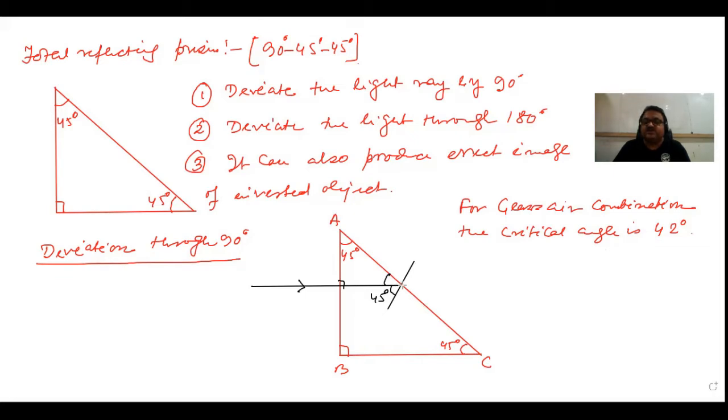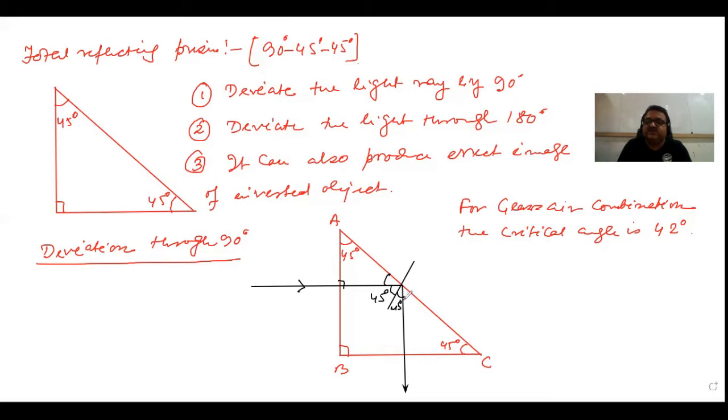Now look at this. This will be the path of the reflected ray, and then it will be reflected outside. Now the question is, why does it look like this? So let me clarify this first. This is 45, so angle of incidence equals angle of reflection. So this is also 45.